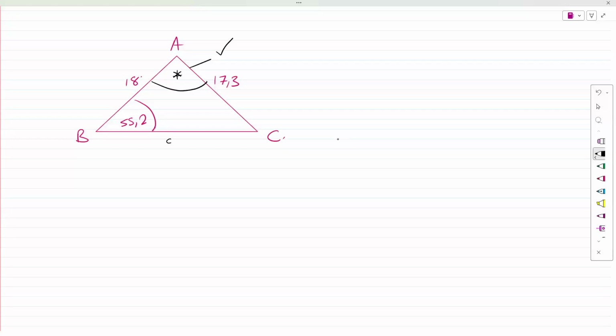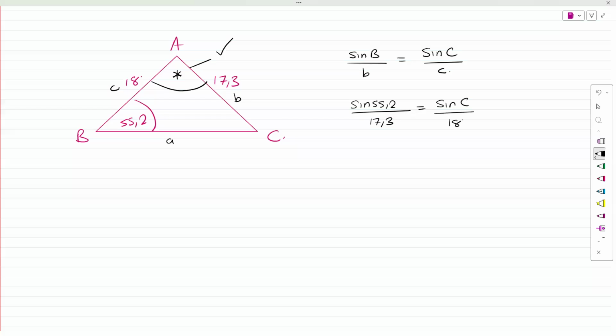So what I'm going to do is label A, B, and C. I'm going to go with sine of B over B, which equals sine of C over C. And I'm going to substitute. Sine of 55.2 over 17.3 equals sine of C over 18.